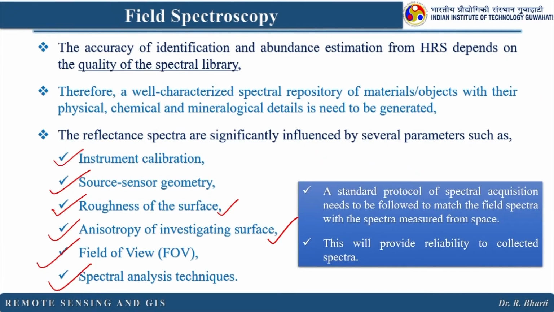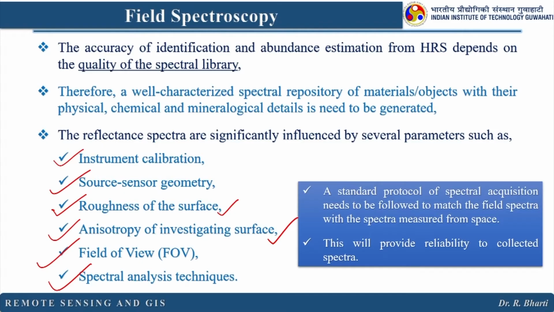A standard protocol of spectral acquisition needs to be followed to match the field spectra with the spectra measured from space. Why? Because you need to have a similar mechanism or similar protocol or similar method of spectral measurement in your lab as well as in your field.